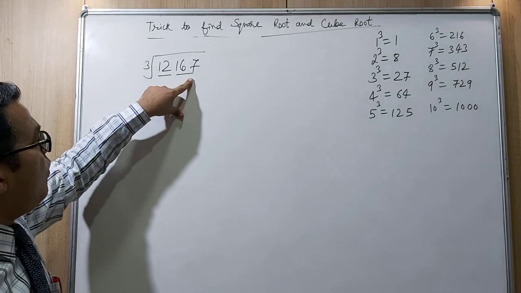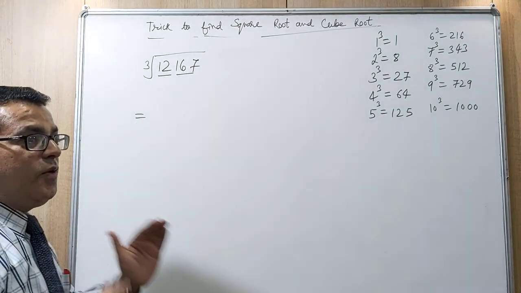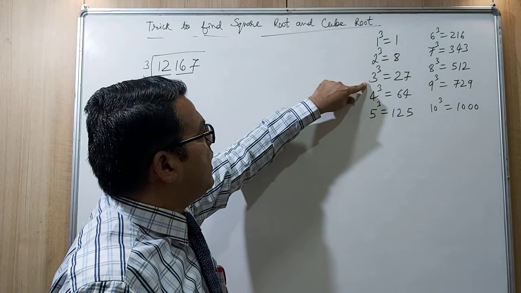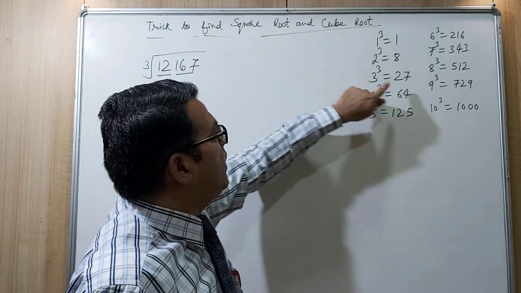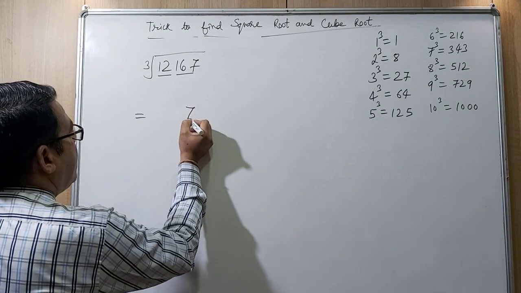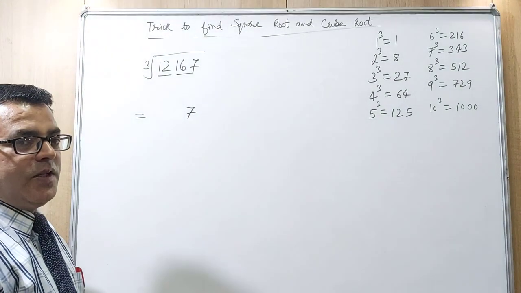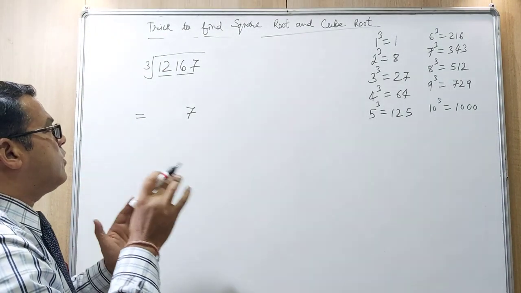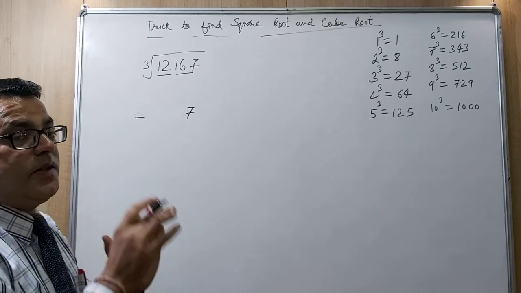Now in the first group, the last digit is 7. So you need to find in whose cube we get 7 as the unit digit. You can see only in the cube of 3 we get 7. So we can write 7 here. This group ensures that 7 will come as the unit digit.